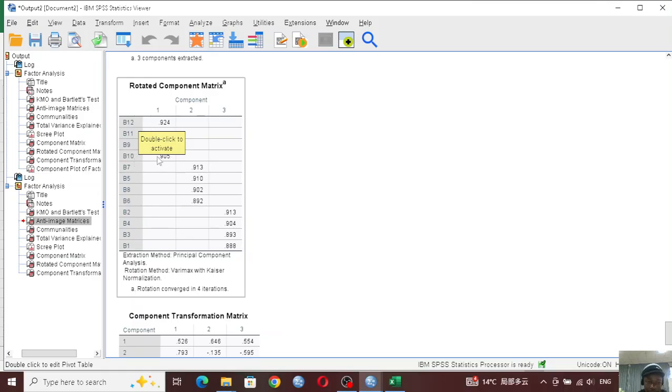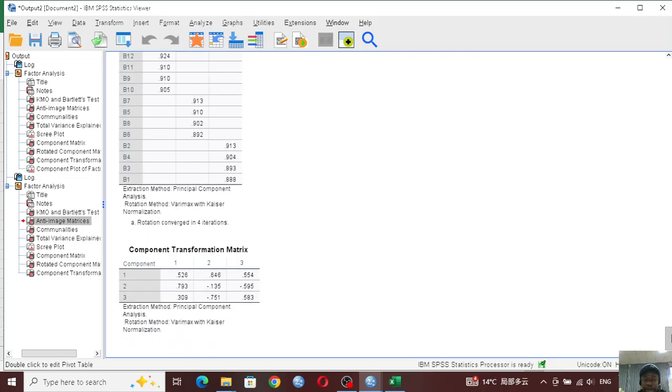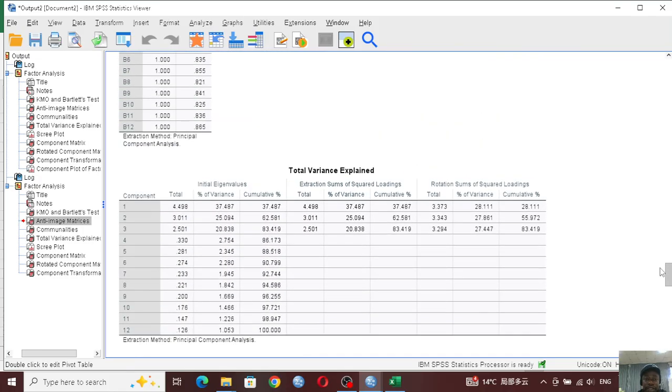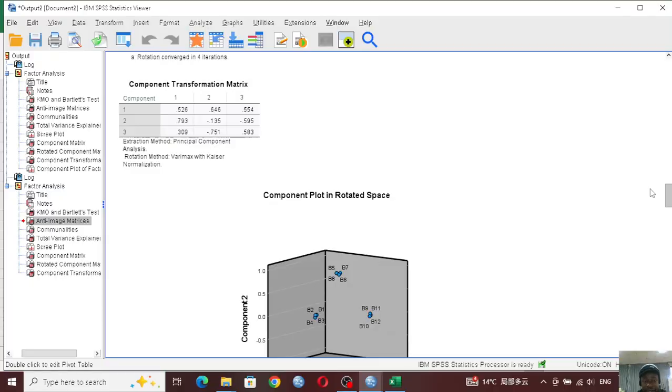So these 4 items belong to one group. And then component 2: B7, B5, B8, B6, they also belong to another group. Then component 3, in that order. So each and every one of the groups, these are what we have. So instead of dealing with 12 items, we are dealing with 3 groups, and it is easier than with the 12 items. So basically, this is how we go about the analysis.